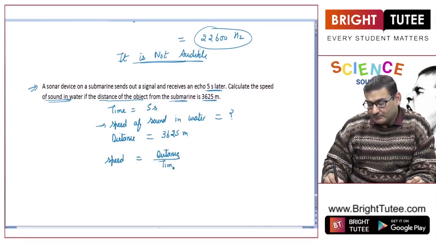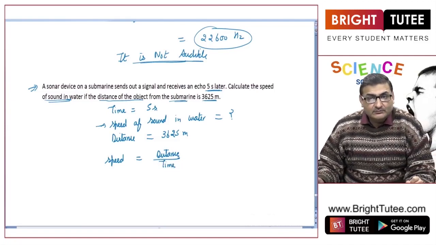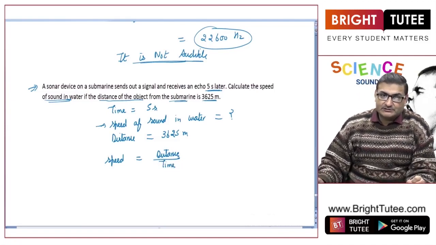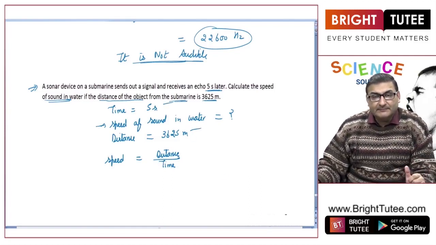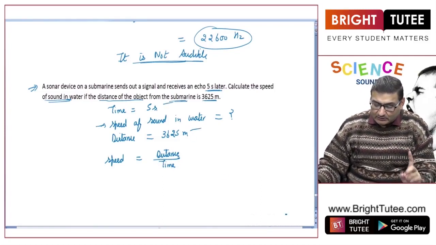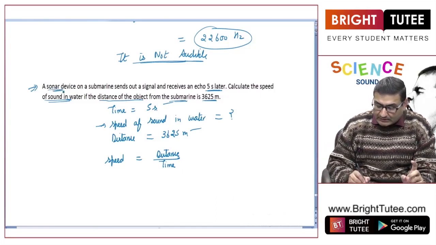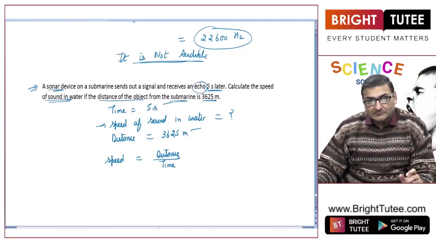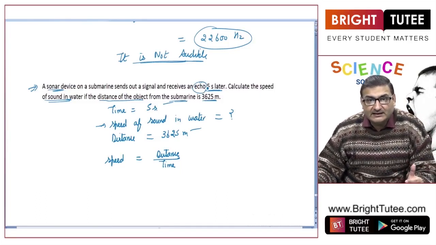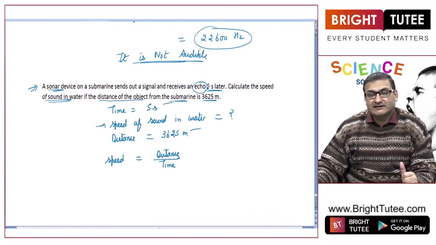Now a very important thing that we need to remember in this particular question is, the values are simply given, distance is given, time is given, but when we are talking about sonar, we are talking about echo. That means that the sound is first of all reflected from a surface and then reaching our ears.